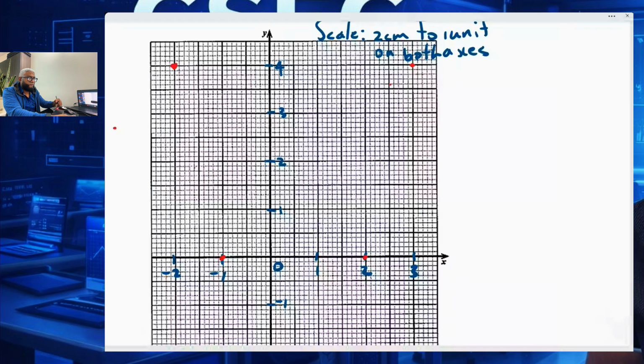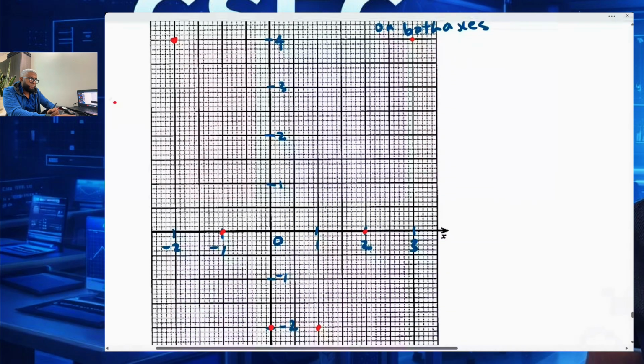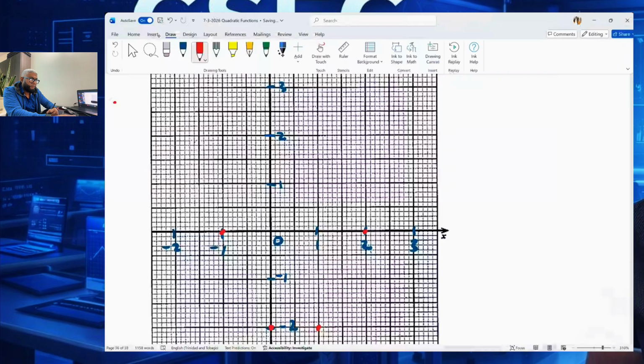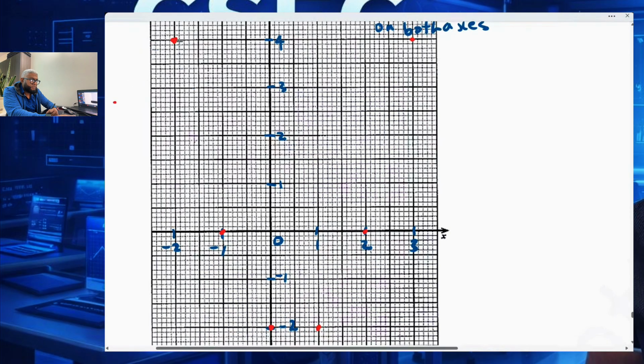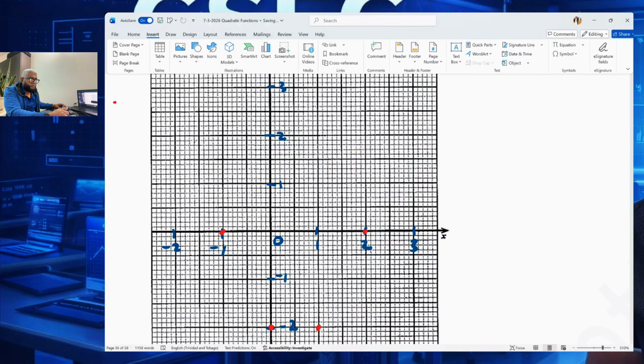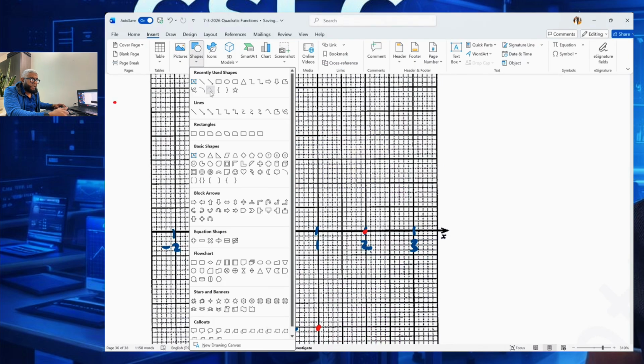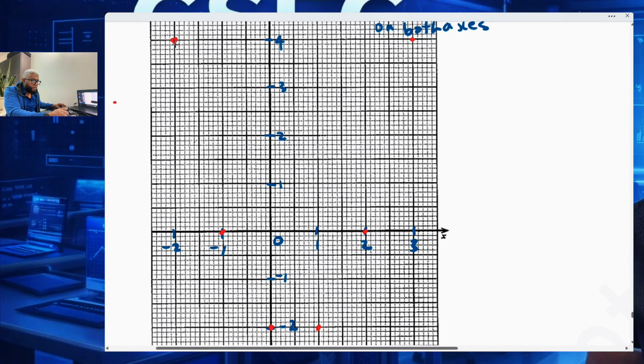All right, let's draw a curve. So we come in, so are we looking at Kia? Looking good?